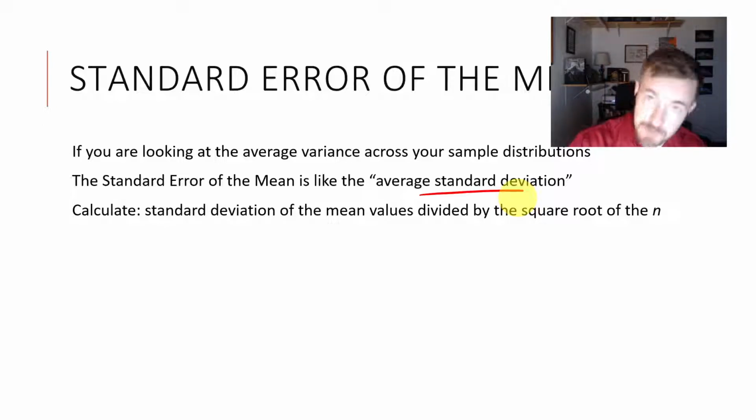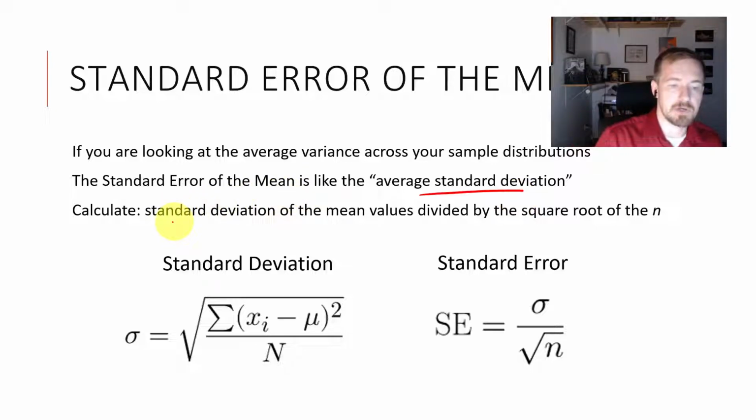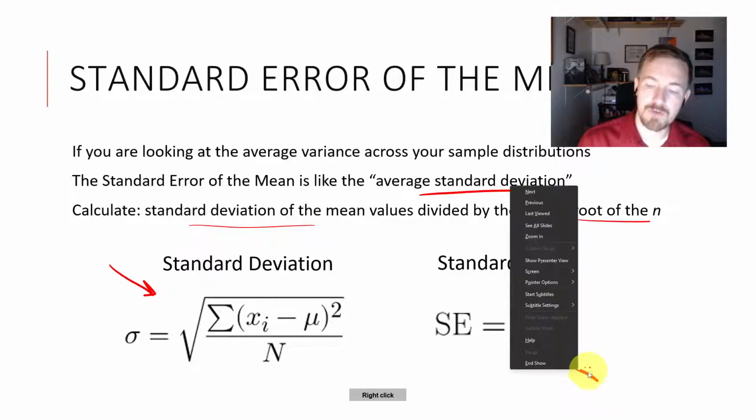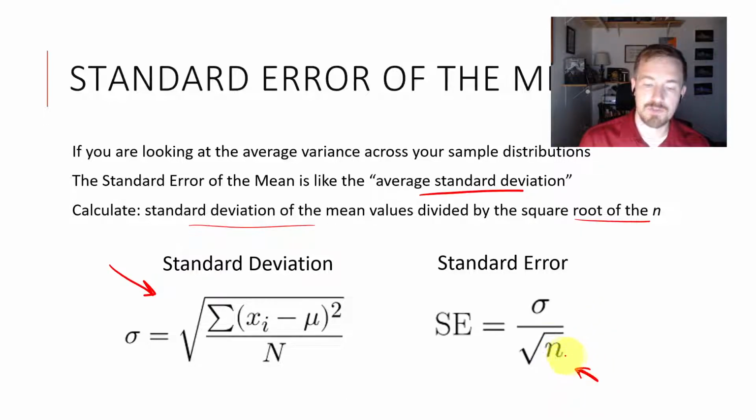So the way that we're going to calculate this is that we're going to get our standard deviation, and then we are going to divide that by the square root of n, where n represents how many samples we have.